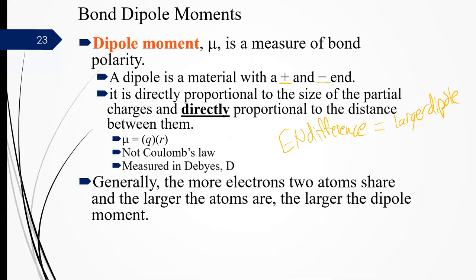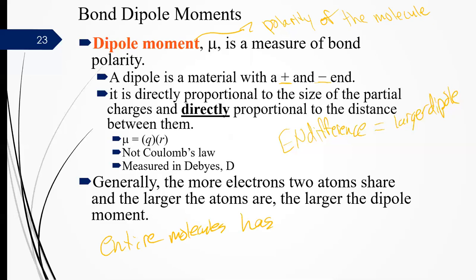So for bond dipoles, it's between each of those two atoms inside of the bond. For the entire dipole moment, we can also use this to discuss the polarity of the molecule. So we can see those used in two different ways. We can talk about the entire molecule, or we can talk about it for just the bonds. Now, if the entire molecule has a dipole moment, then we can consider it to be polar.